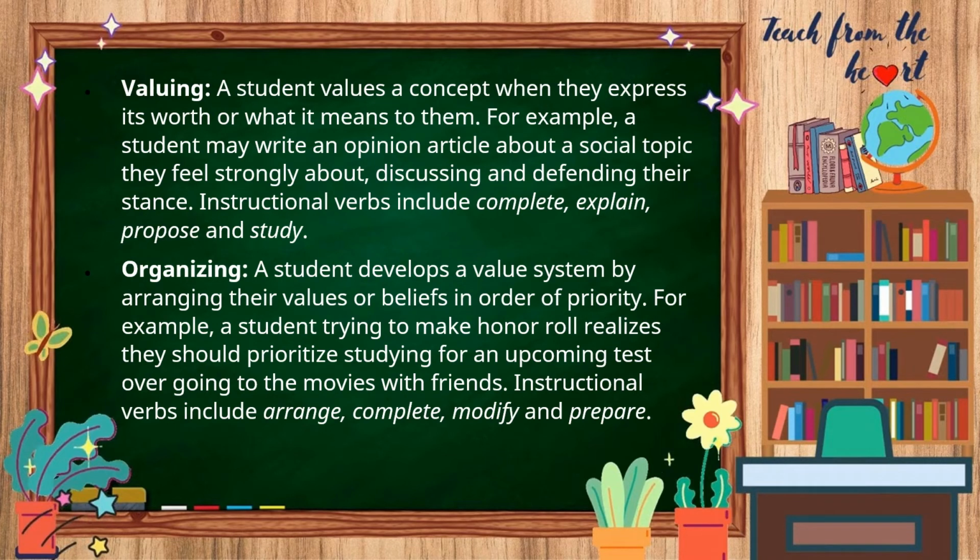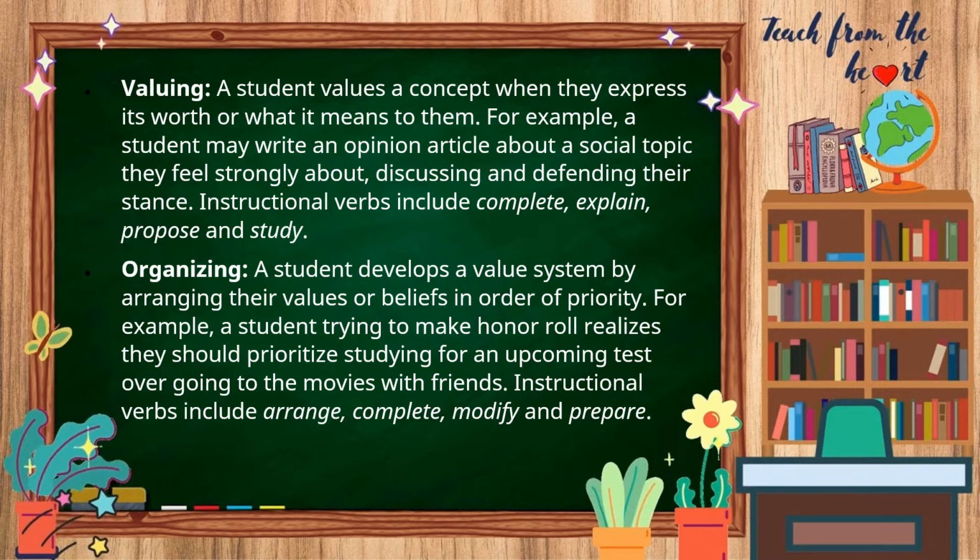Next is valuing. A student values a concept when they express its worth or what it means to them. For example, a student may write an opinion article about a social topic they feel strongly about, discussing and defending their stance. The instructional verbs include complete, explain, propose, and study. The next is organizing.